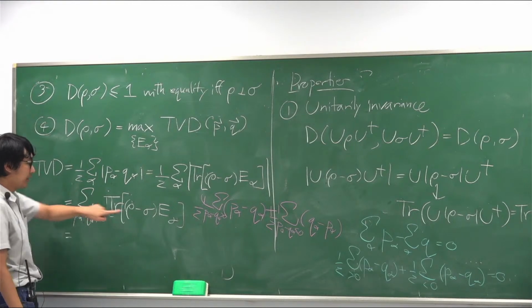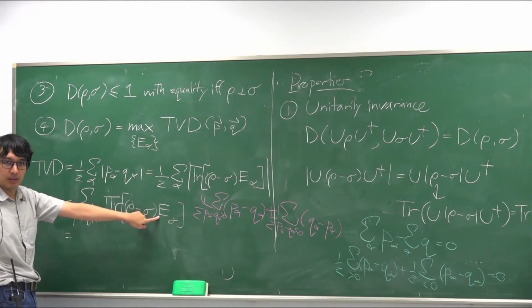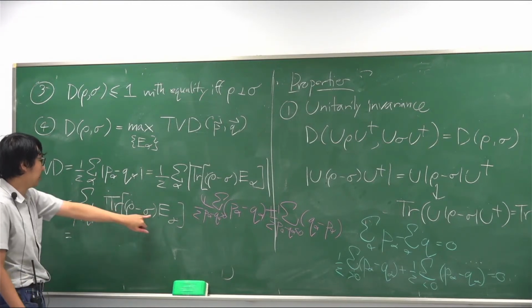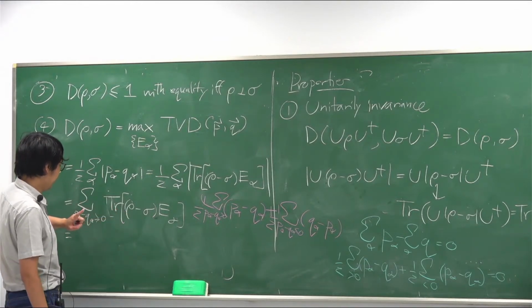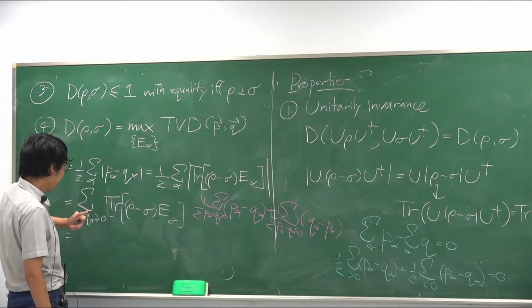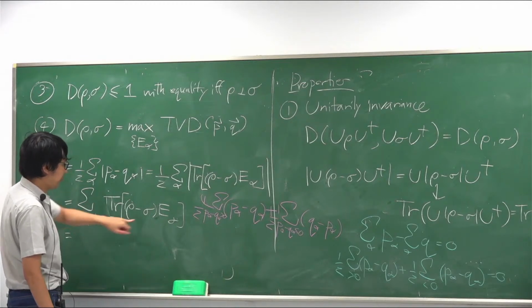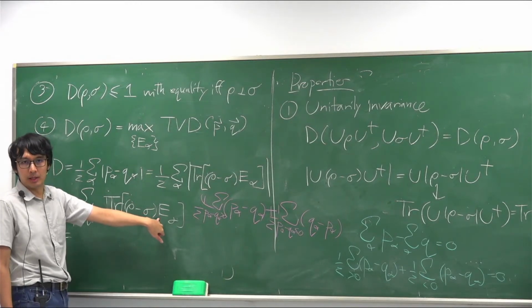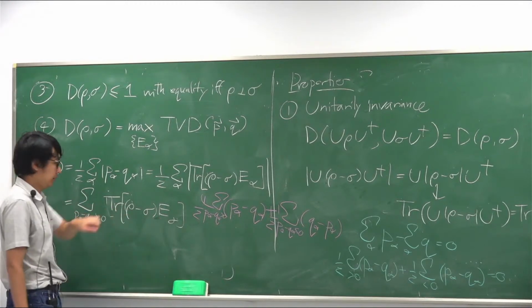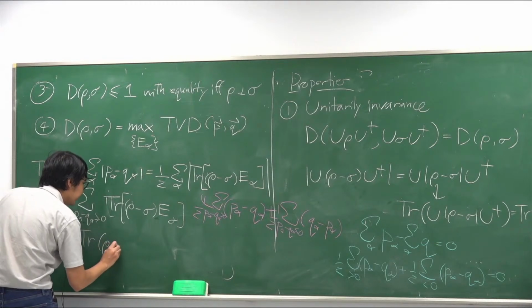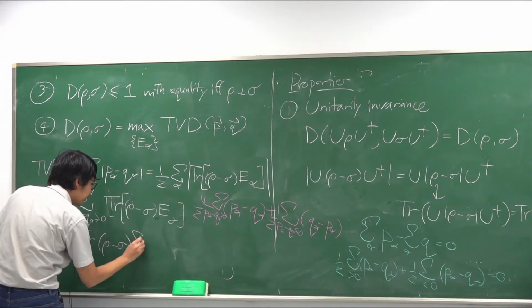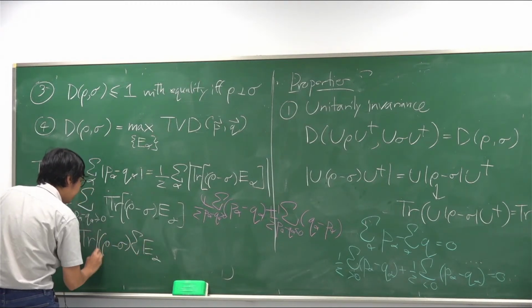Now I can move the sum inside here. And now the sum over the POVM elements here will be precisely the projector onto the positive eigenspace. Sum here.